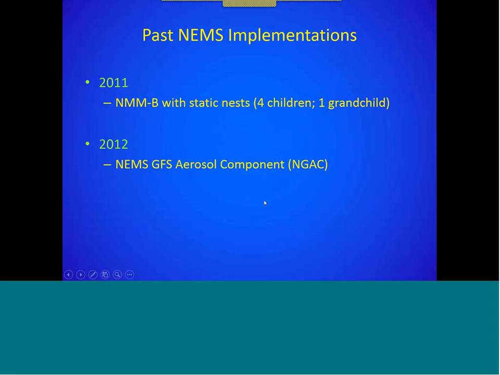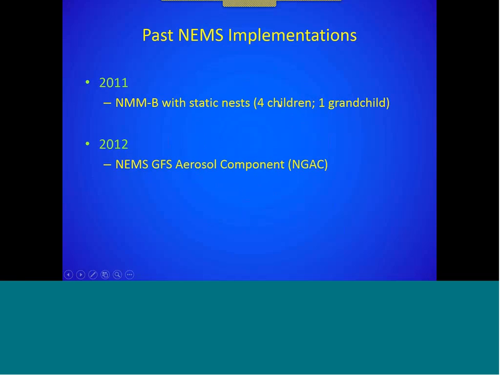NEMS is now in operations, and has been since 2011, when the NMB, which is our mesoscale model, runs 4 times a day with static nests, which means there's a parent, and then there are nests underneath it. The parent is North America. The children are the continental United States, Alaska, and Hawaii.